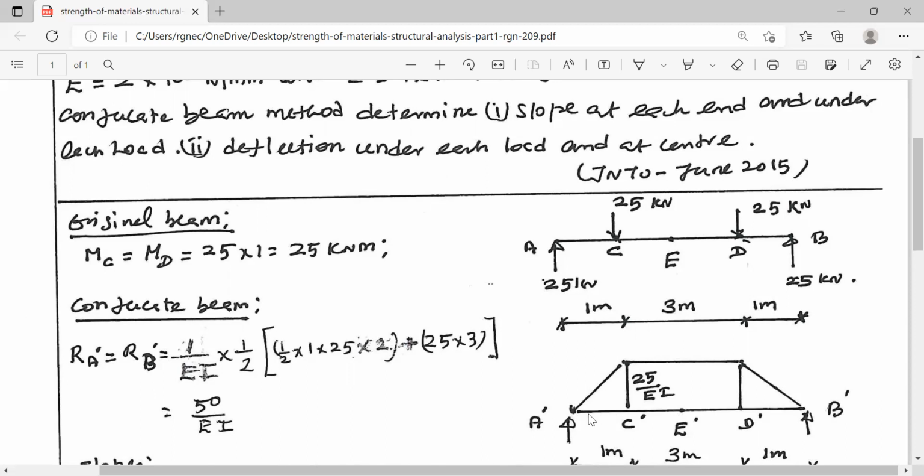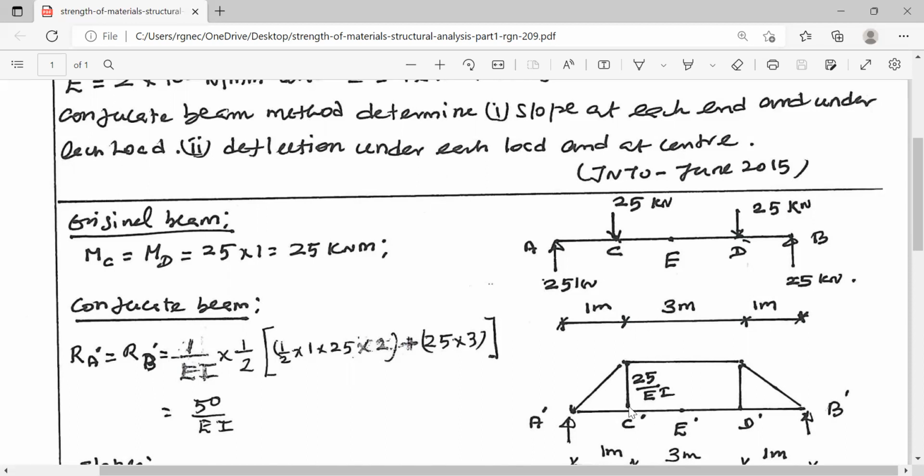Then you have the triangular load, 1/2 into 1 into 25. The lever arm is at a distance of 1/3 meter, that is 0.33 meter, from C dash. But with respect to E dash, the lever arm is 1.5 meter plus 0.33, that is 1.83 meters.